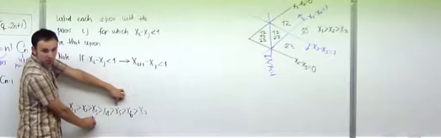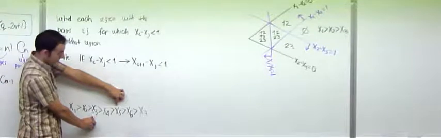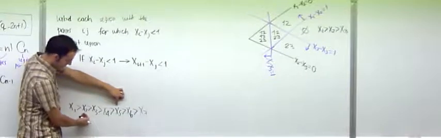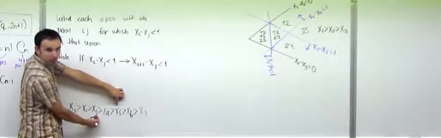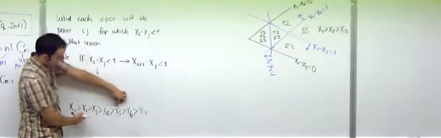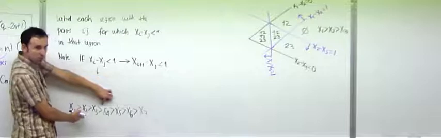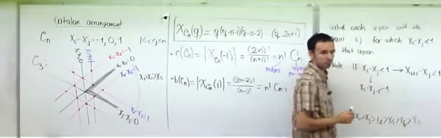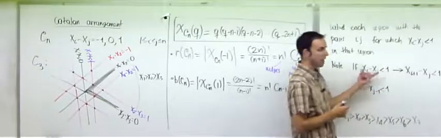If x2 minus x5 is less than 1, then x3 minus x5 also has to be less than 1 because 3 is closer to 5. If the distance between here and here is less than 1, then by moving to here, the distance is even smaller. And also, if I move this number to the left, that's also going to be smaller. So xi minus xj minus 1 is less than 1.